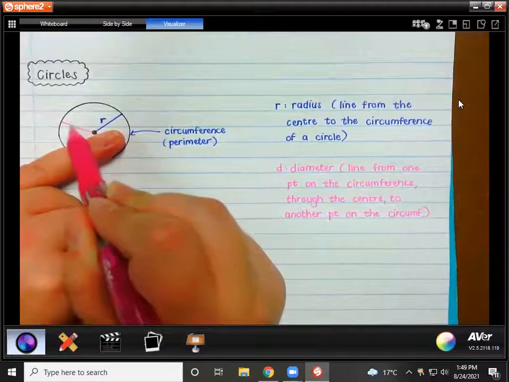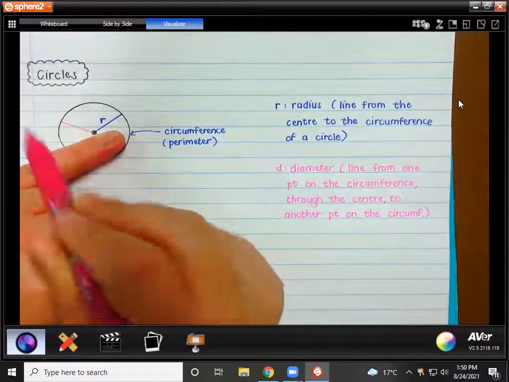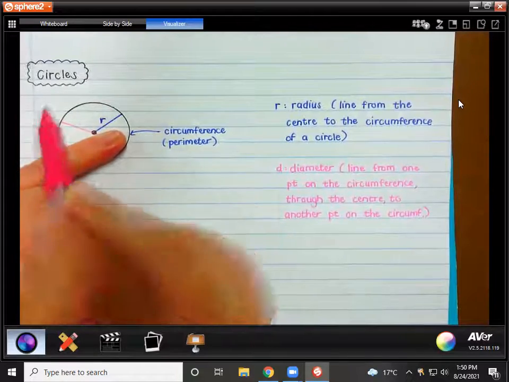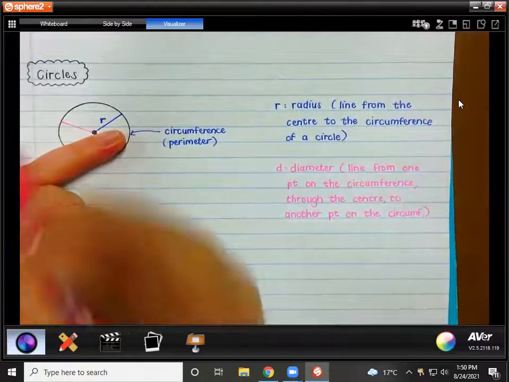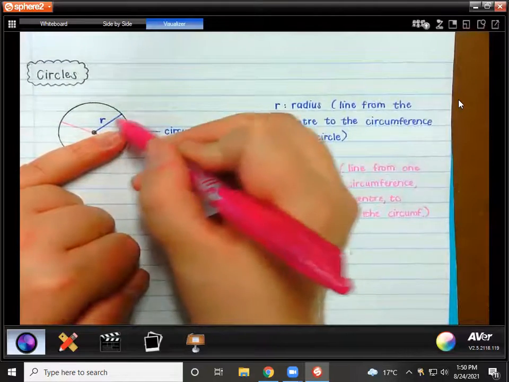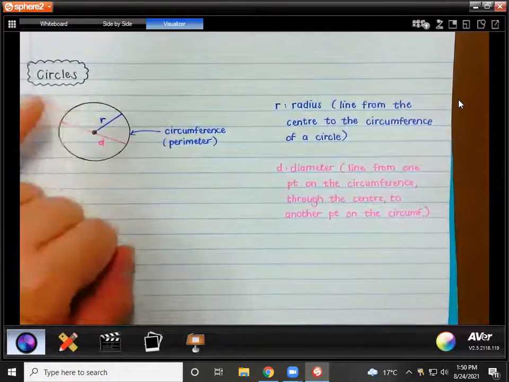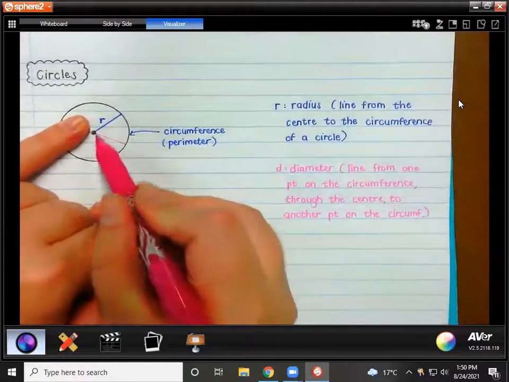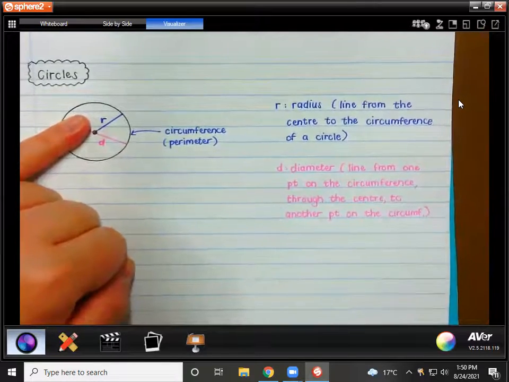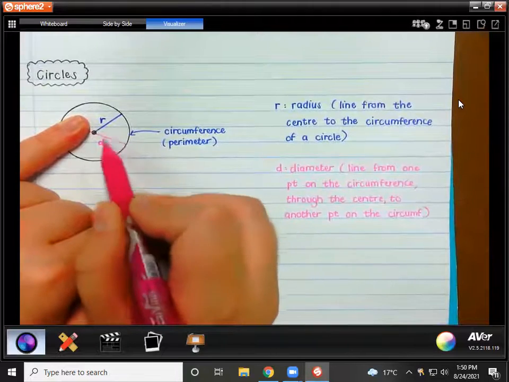And all radii, that's plural for radius, R-A-D-I-I, always have the same length. So this blue radius here will have exactly the same length as the pink radius there. But if I cover this one up, isn't that part also a radius? It's also going from the center to a point on the circumference, so this is also a radius.